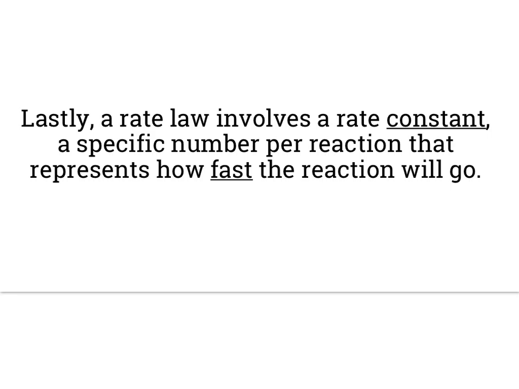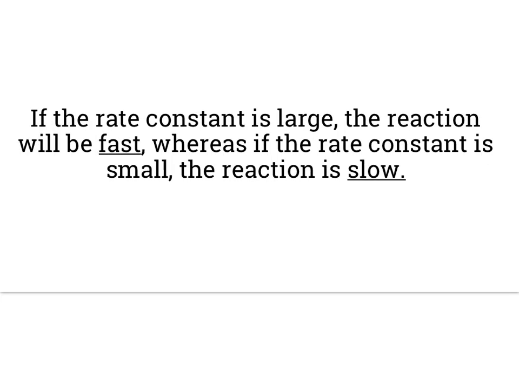It basically deals with how fast a reaction goes. So the larger the rate constant, the faster it is. So if it's large, meaning times 10 to the 5th or something bigger, it's going to be pretty fast. If it's times 10 to the negative 5th, it's slow. So that's your rate constant.